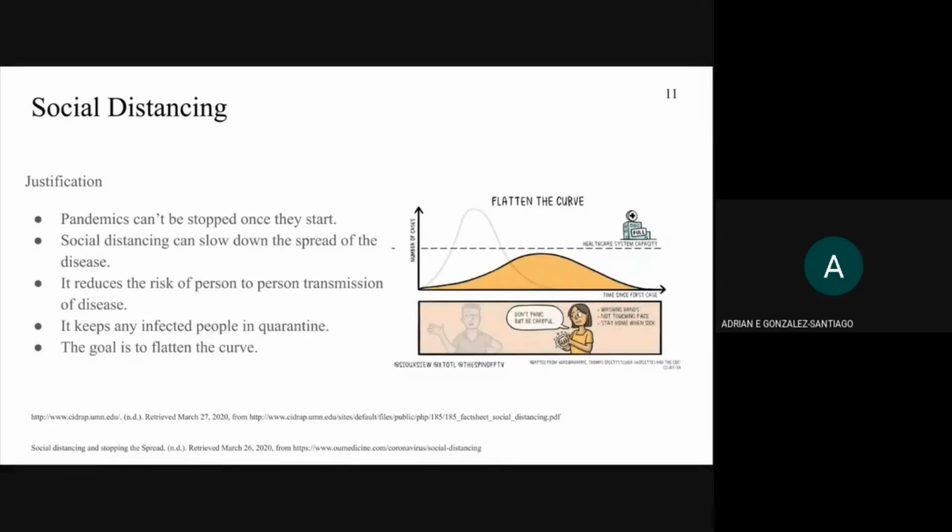It reduces the risk of person-to-person transmission because it keeps any affected people in quarantine. In other words, if someone has the disease and they stay in their house, this reduces the risk of them passing on the disease to someone else.